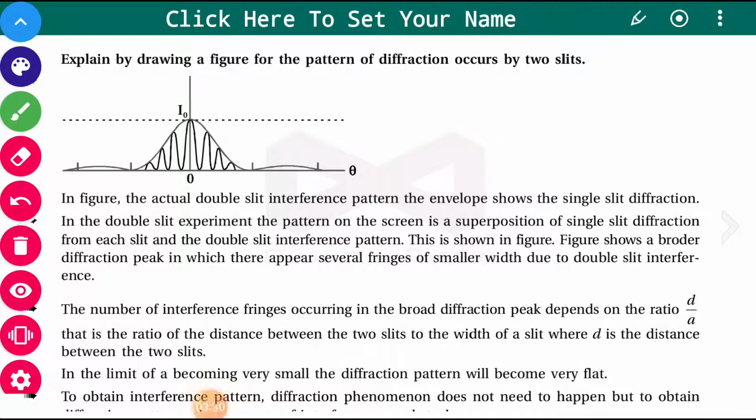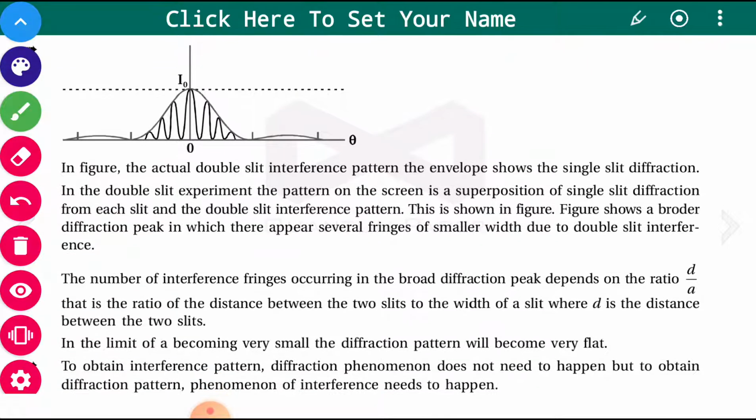Now the diffraction occurring because of two slits. This is the figure for the diffraction which is produced by two slits. In the figure, the actual double slit interference pattern is shown, and the envelope shows the single slit diffraction.